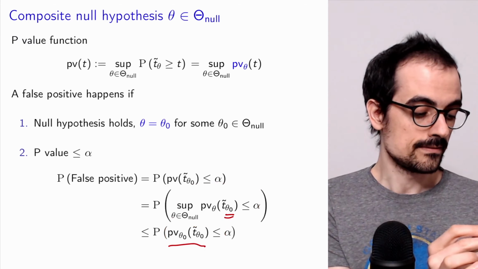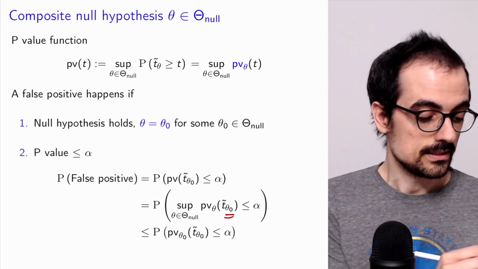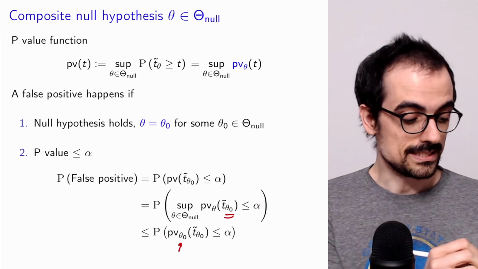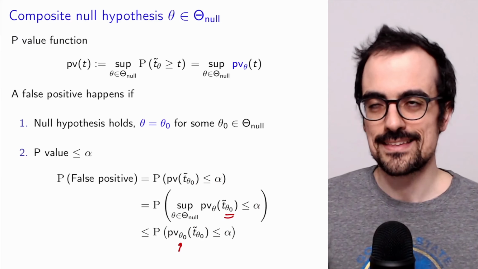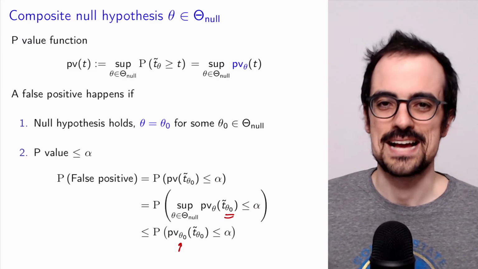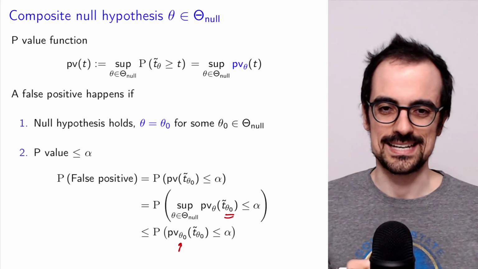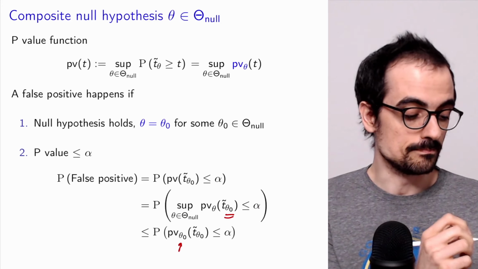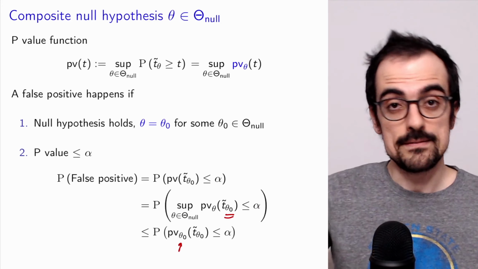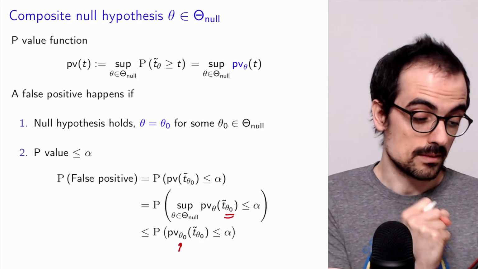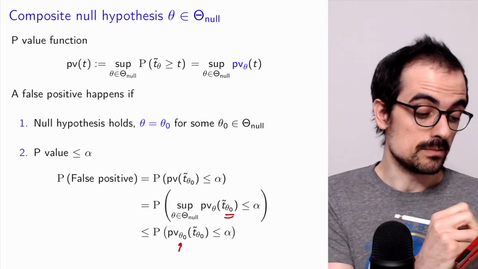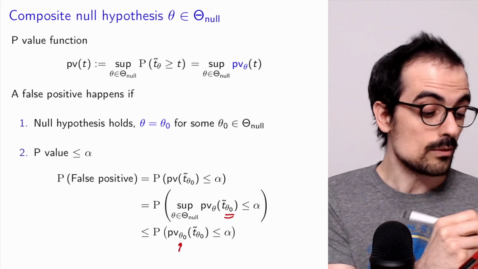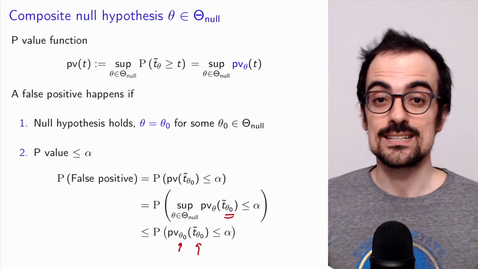Now we have the probability that a p-value function associated with a specific theta. I think I said alpha there. I meant theta. I hope I said that clearly. The probability that the p-value associated with that particular theta sub 0 is smaller or equal to alpha when we plug in the corresponding test statistic.